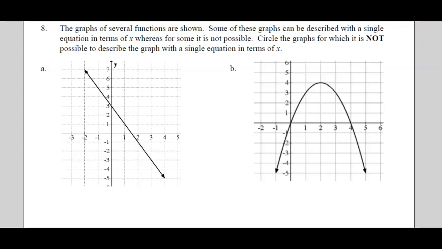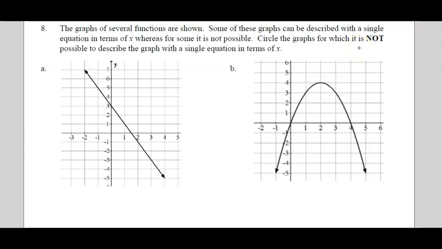So you'd be given a graph and you would separate it into its pieces that are defined by a certain equation. But in this case, the first one's a linear equation. So that's obviously we can show with a single equation. Okay, so it says circle the graph for which it is not possible. So I'm not going to circle it.